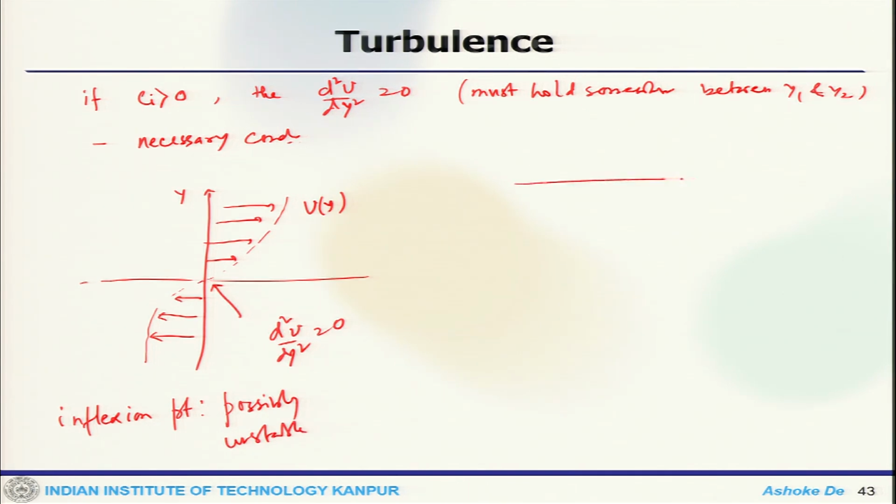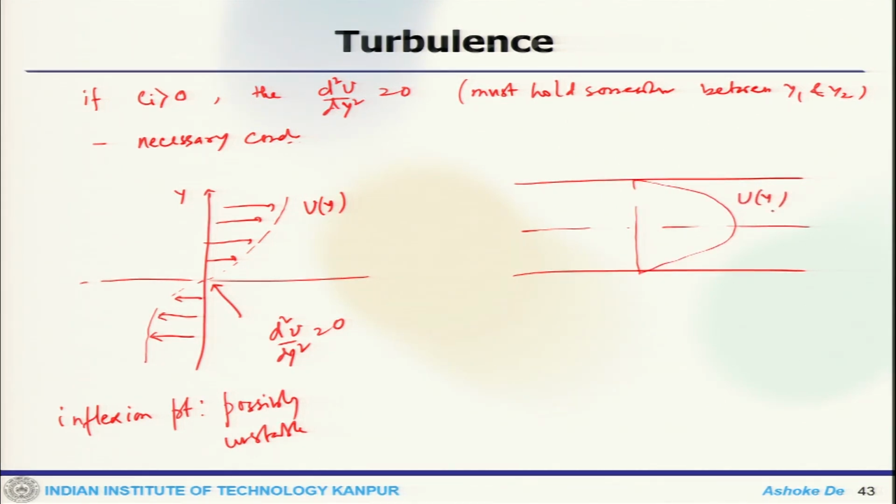Now, another situation where you can see this, I can have this is my U of y, x and y. So, this is Poiseuille flow between two plates.